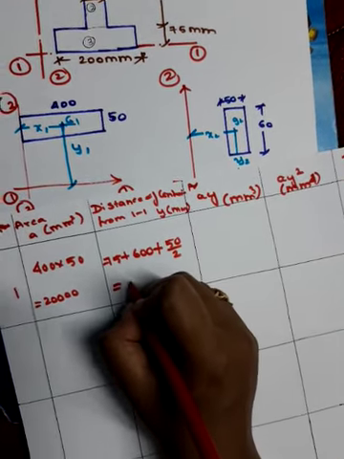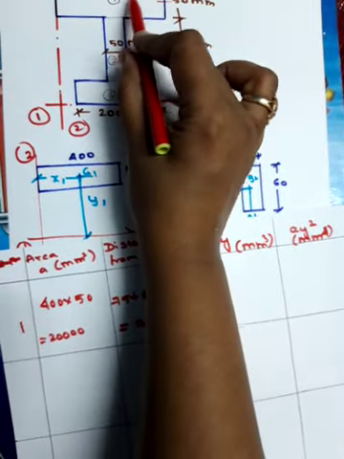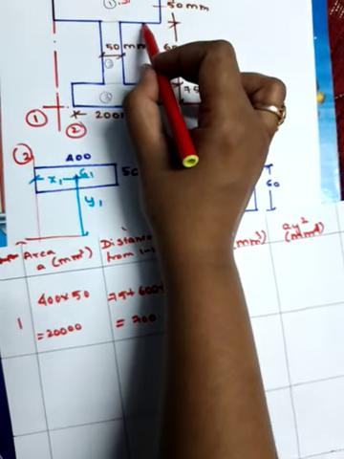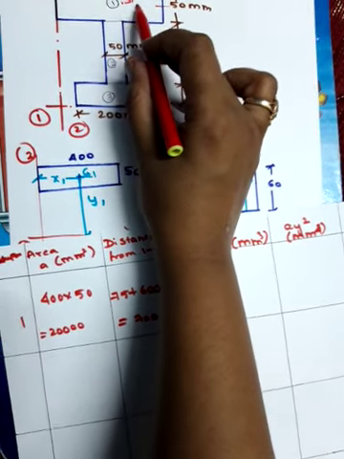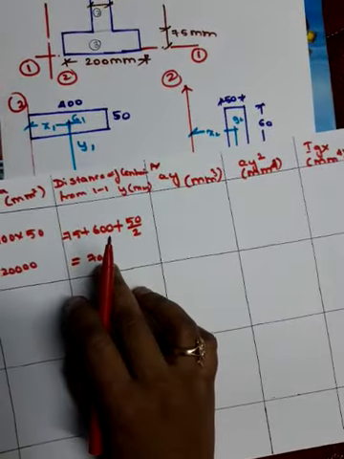So it is equal to 700. You understood? You have to calculate it. The centroid would be: from here to here 75, from here to here 600, from here to here 50 by 2. That's why you'll be getting 700.